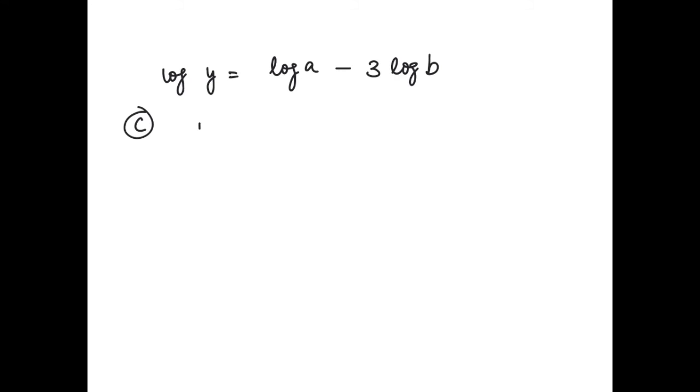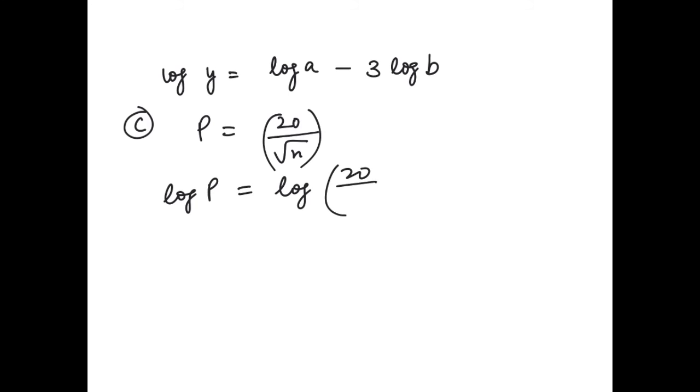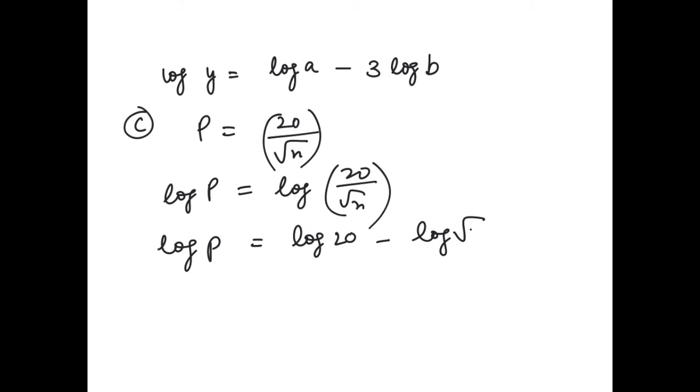Let's do one more. P equals 20 over square root n. So now applying log both sides. Log p equals log of 20 over root n. So it will be log p equals log 20 minus log root n, because of the law of logarithm: when they are divided, we can put them in minus.